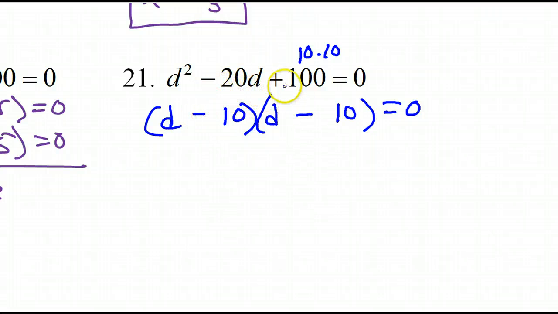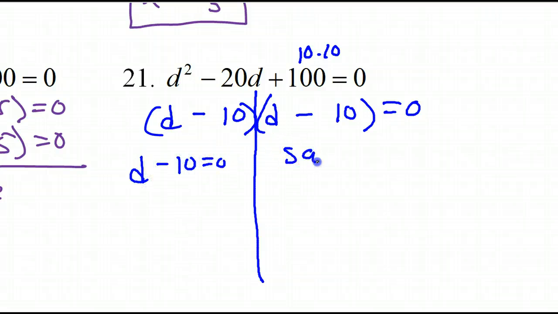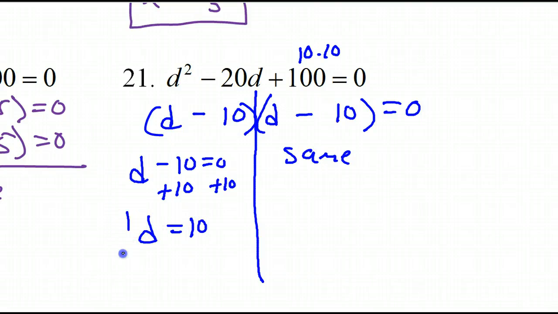And negative times negative is positive 100. Zero product property. So d minus 10 equals 0. And this is the same. So that'll be plus 10 plus 10. So that will give me d is equal to 10. That is the one and only answer.